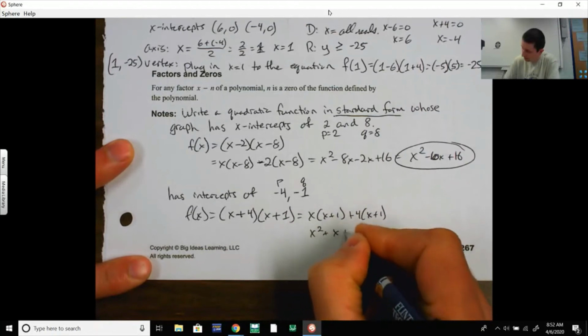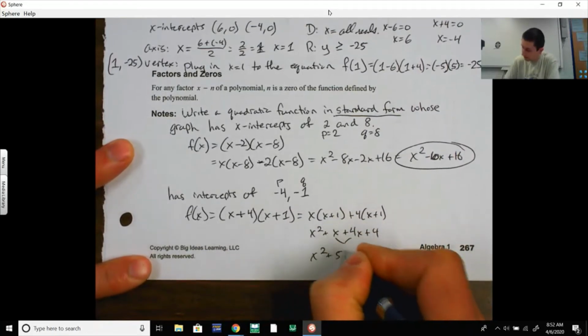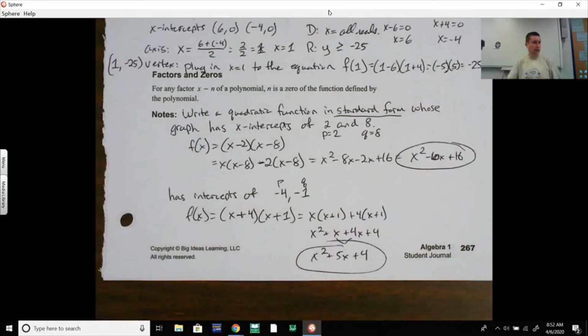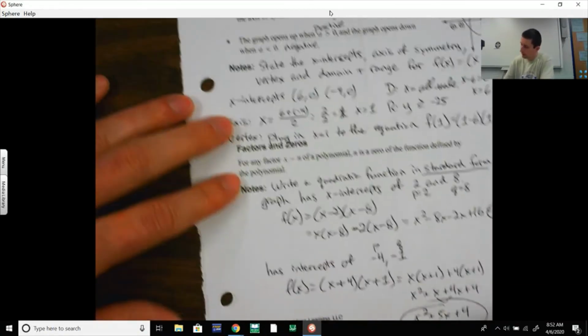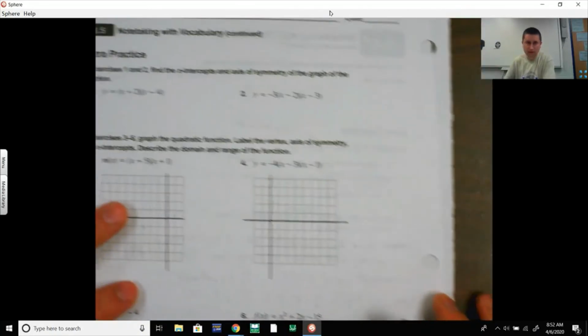So x squared plus x plus 4x plus 4. So put those together, x squared plus 5x plus 4. Okay? Those questions, those are the last two on your assignments. A lot of your front ones, I hope it goes pretty quick for you. It's just going to be these types of questions here.